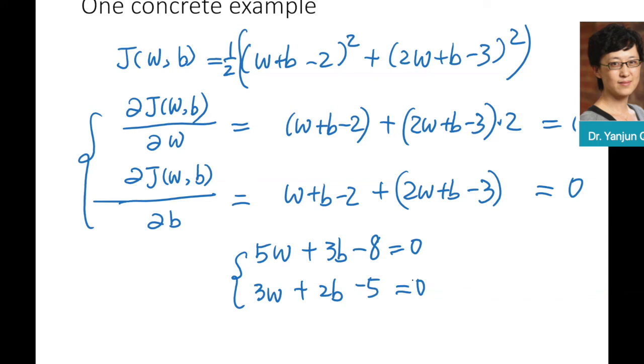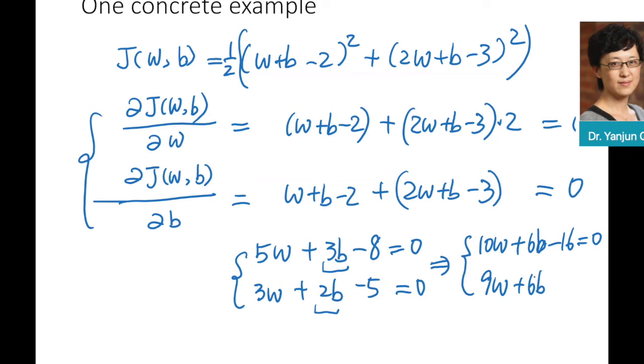Let me see which one to cancel out. Hopefully you still remember how to do this. I will try to cancel out the B terms by multiplying the first by 2 and the second by 3. So this is 10W plus 6B minus 16 equal to 0, and this is 9W plus 6B minus 15. Yes, I think I'm correct. So what is W here? It's super easy.